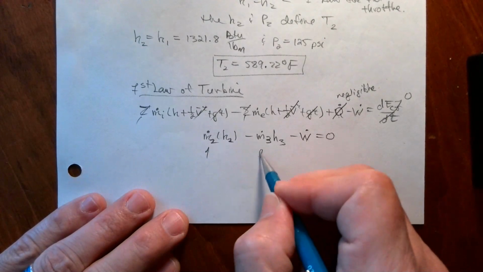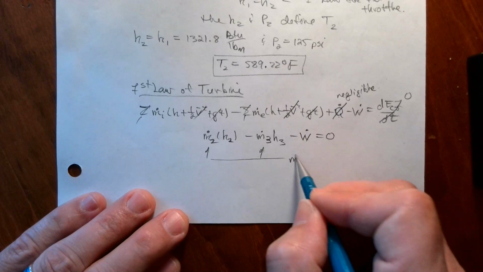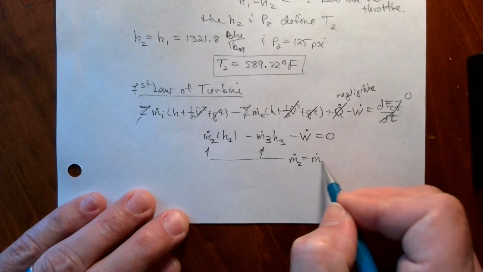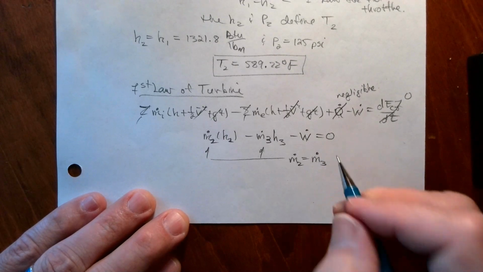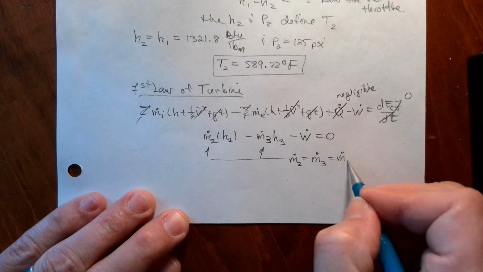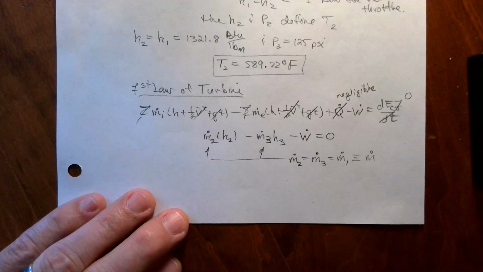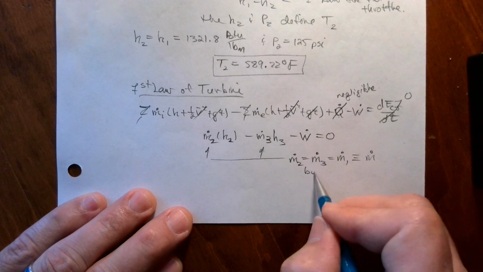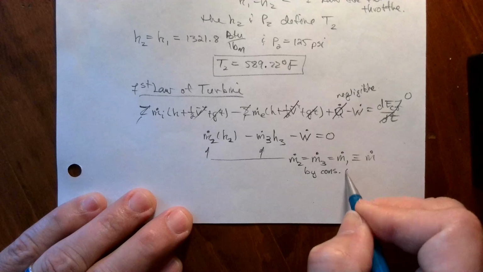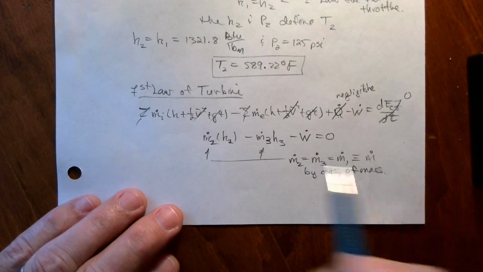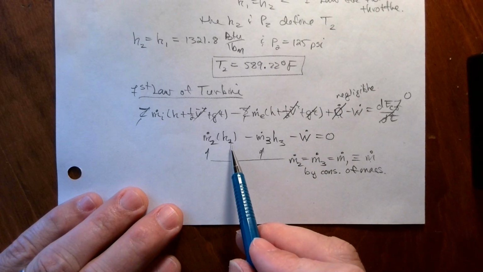Conservation of mass: we'll say m dot 2 equals m dot 3. Actually, we could even put m dot 1 in there. So there's just a single m dot in this problem, by conservation of mass. So we can factor out our single m dot and divide by it.